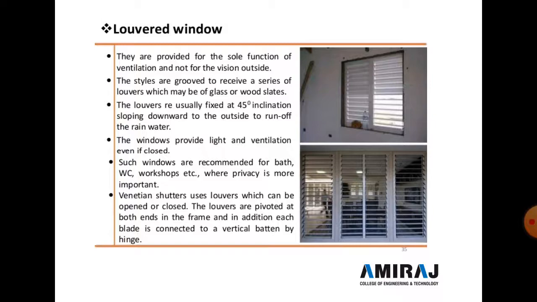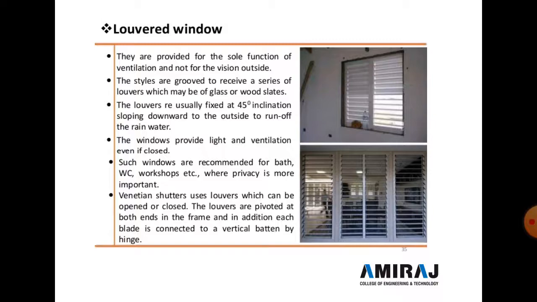In a louvered window, generally we get air from the outside, but we can't see from outside to in or inside to out. The styles have a groove to receive a series of louvers, which may be glass or wooden slats. Louvers are usually fixed at a 45-degree inclination, sloping downward to the outward side to run off the rainwater, and the window provides light and ventilation even if closed.